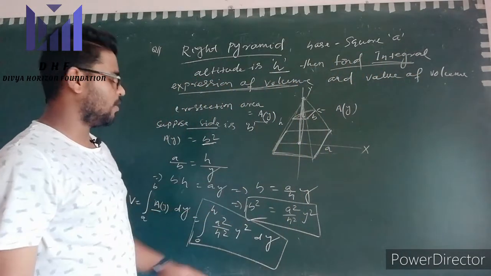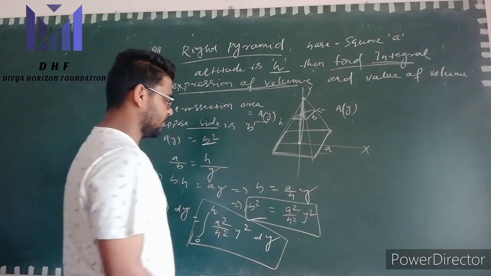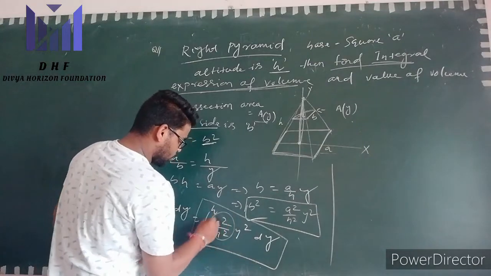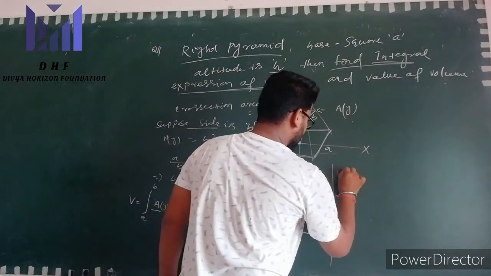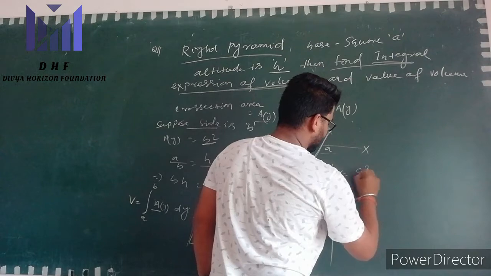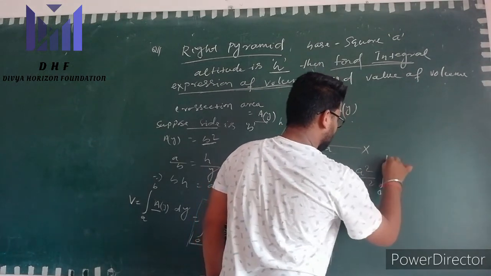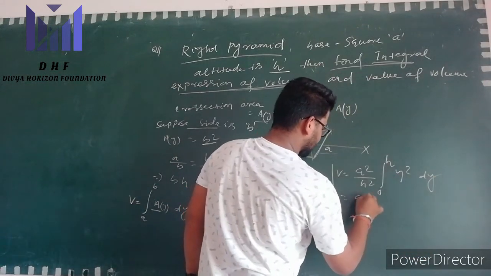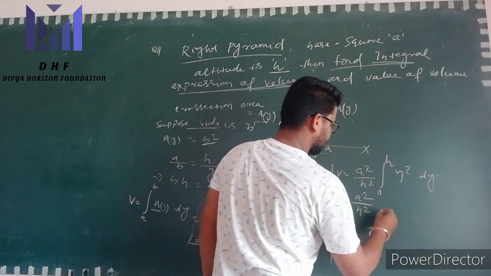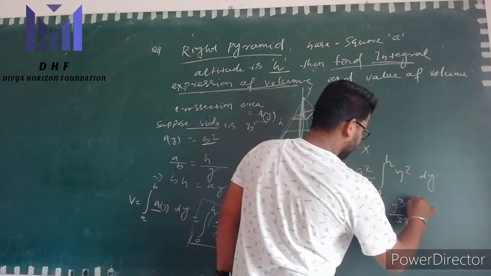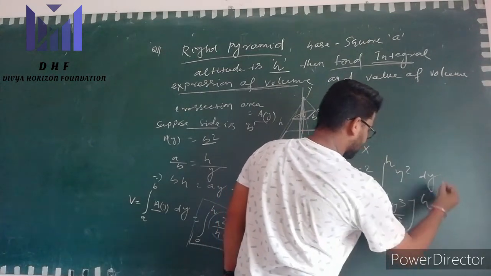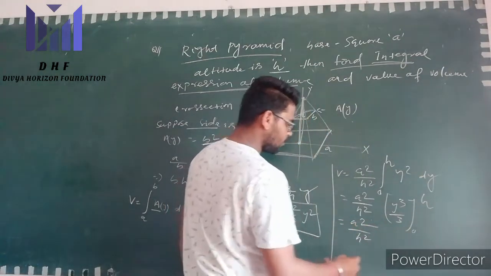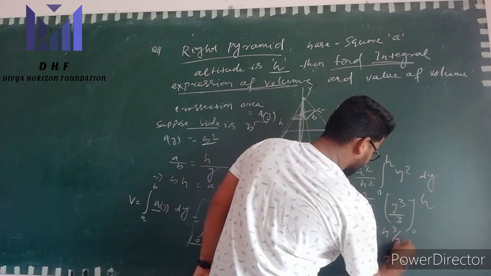Then find the value of the volume. Then solve it. Now a square upon h square is constant, then volume is equal to a square upon h square, integration 0 to h of y square dy, which means a square upon h square, y cube upon 3 from 0 to h, which means a square upon h square, h cube upon 3.